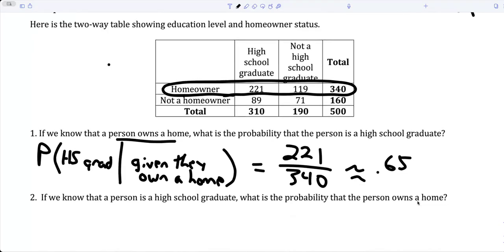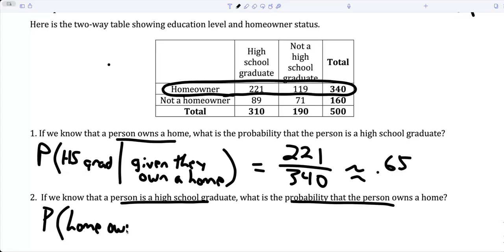Okay, well, the second one says, if we know that a person is a high school graduate, what is the probability that the person owns a home? Okay, so this one, we're flipping those around, right? We want the probability that they are a homeowner, given the fact they are a high school grad. Okay, and so now, instead of looking at the row, they must be a high school graduate.